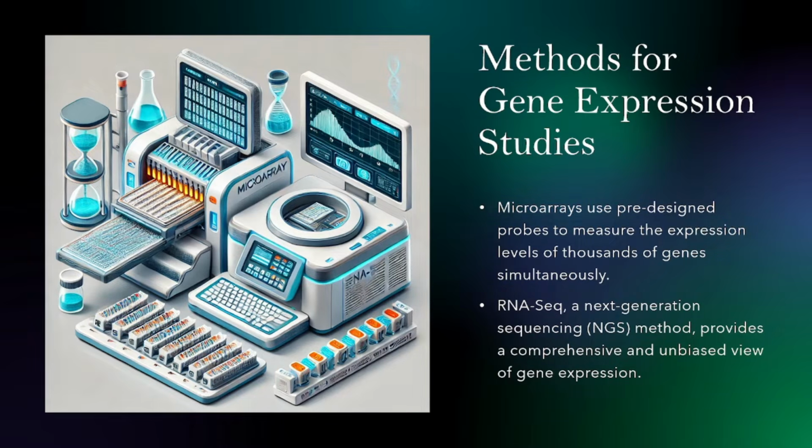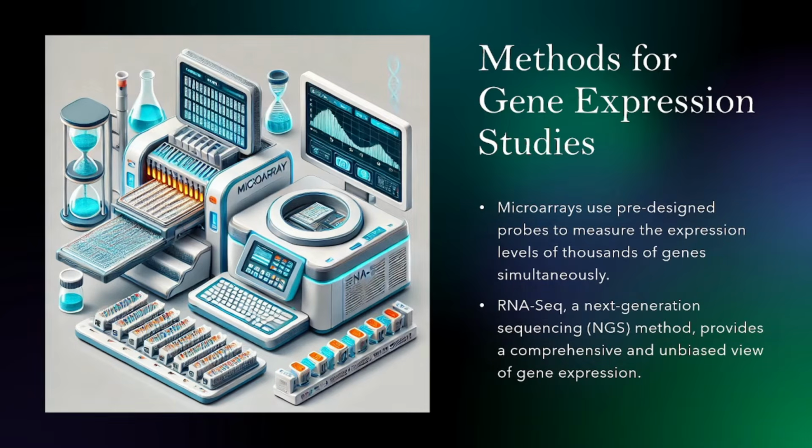Out of these, two primary methods are microarray and RNA-seq. Microarray generally uses pre-designed probes to measure the expression levels of thousands of genes simultaneously.